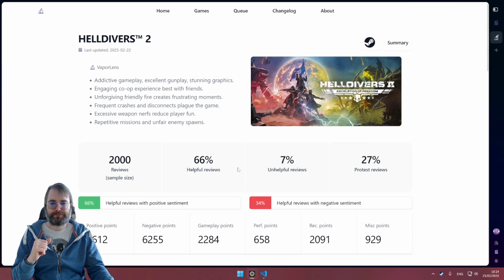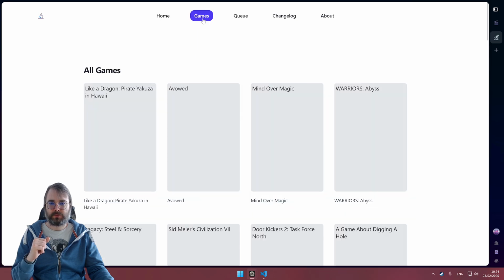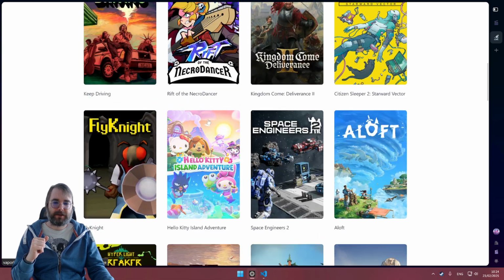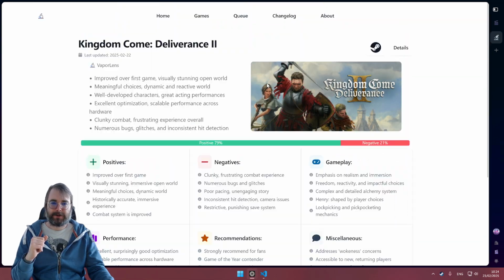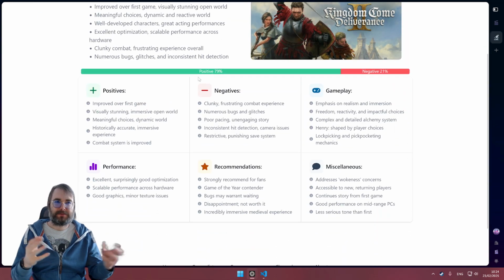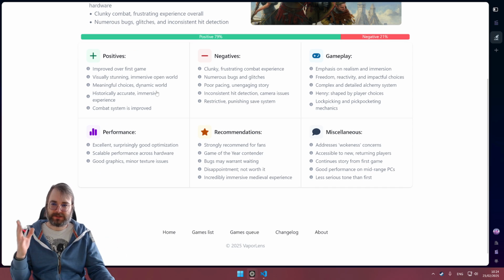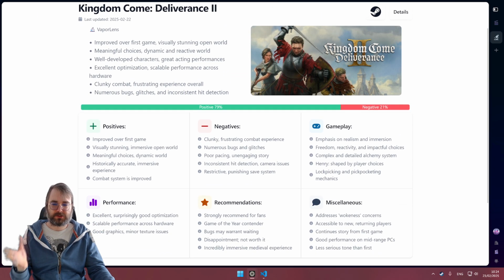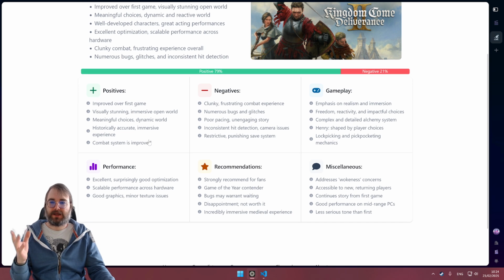We had a problem with some of the games where it kind of makes sense from the semantics perspective, I guess, when you think about it, right? But it didn't make sense from the review perspective. Take this game, for example, Kingdom Come: Deliverance 2. It has stuff like, hey, the combat system is pretty good, right?